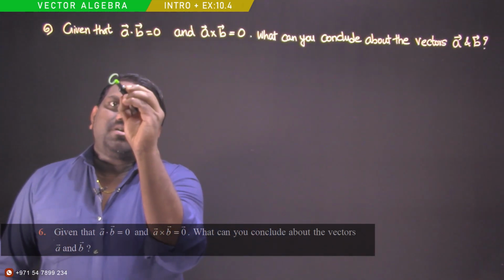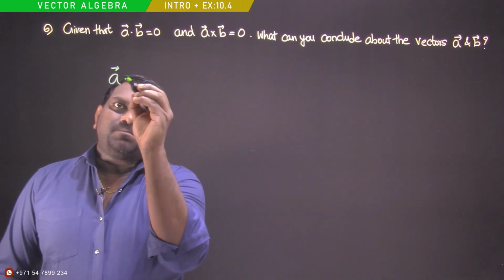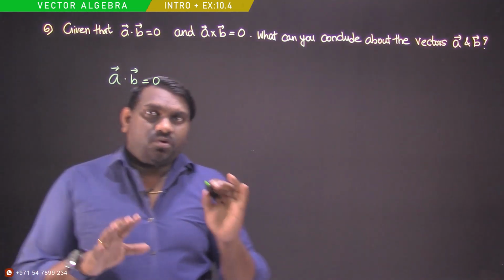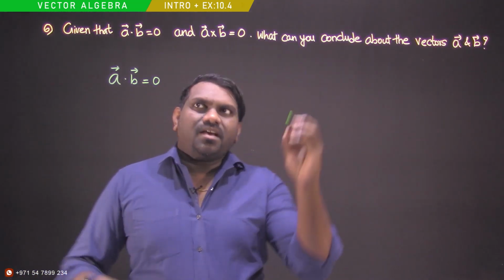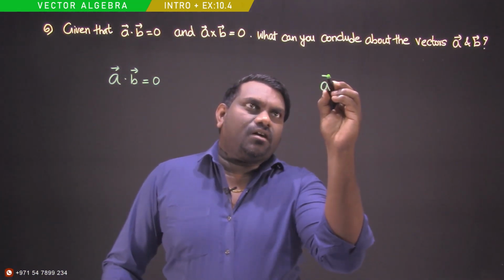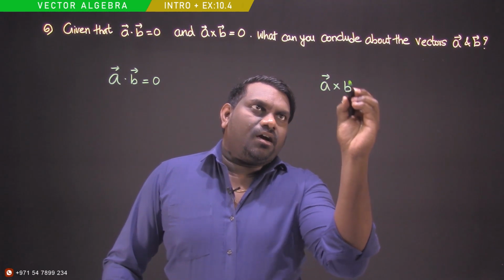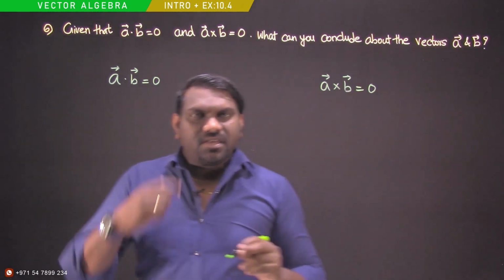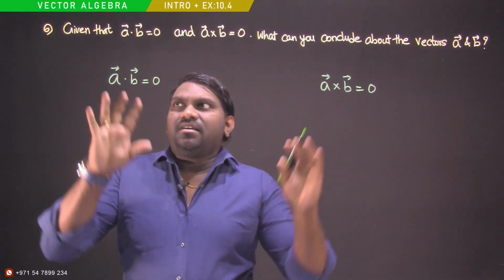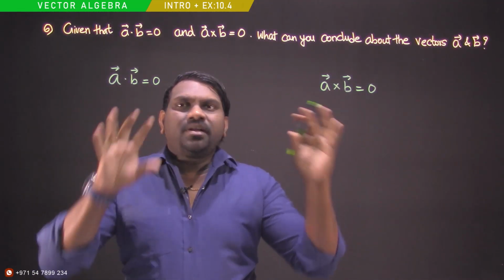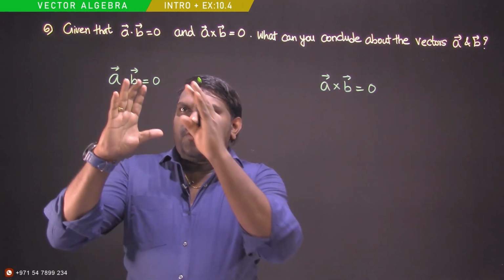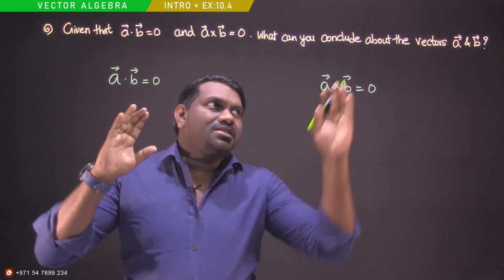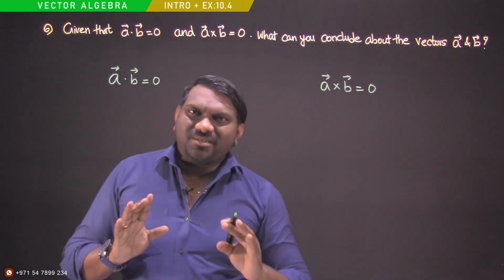We have A dot B, and we know that if it is 0, then what are the cases? And here if A cross B is 0, then what are those cases? They have asked, if both are so, then what are vector A and vector B?